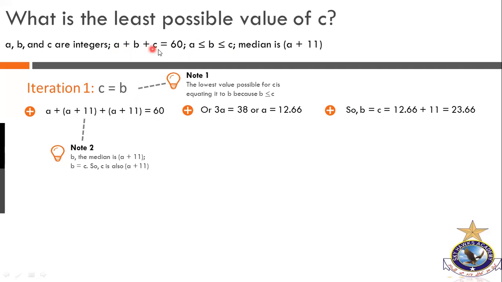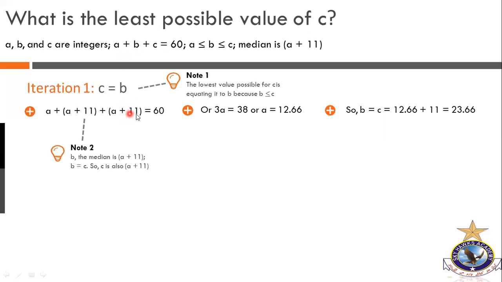From this equation, we are putting the value of A as it is. We don't know about A. And B is the median, and the median is given, so we are replacing the B over here. And C is equal to B, so once again, here's the value of C. Because C is equal to B, we put the value of B. C is B and B is the median.